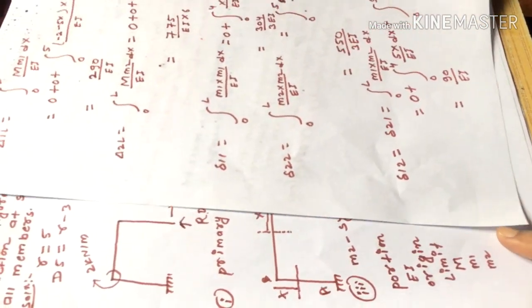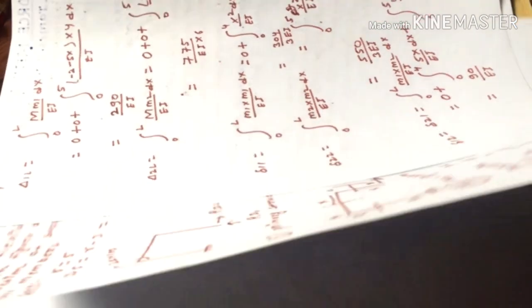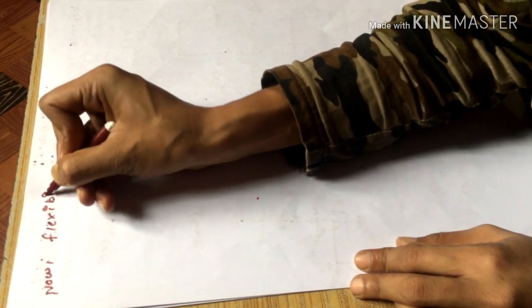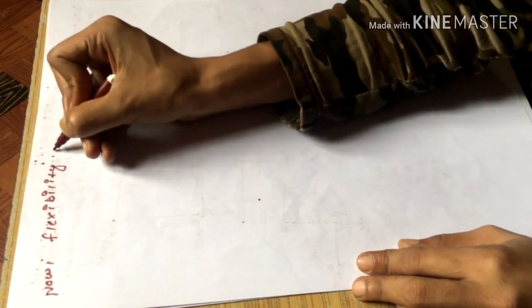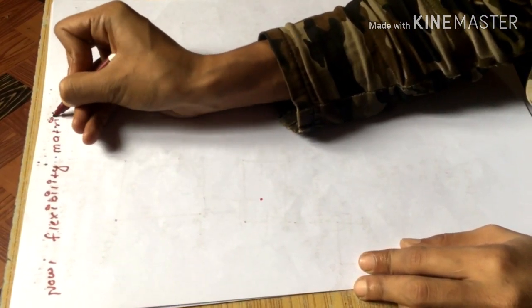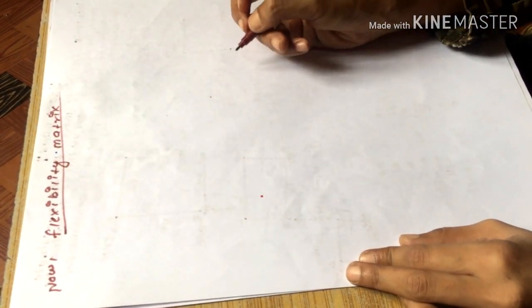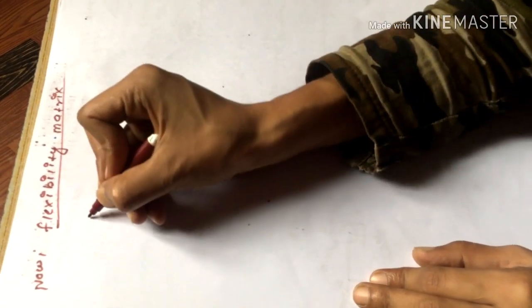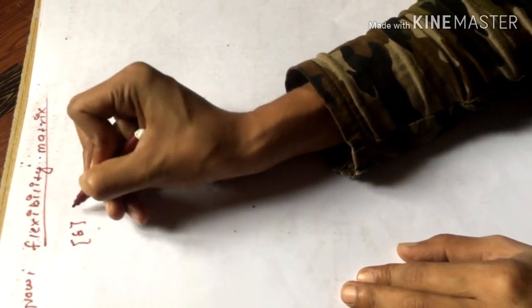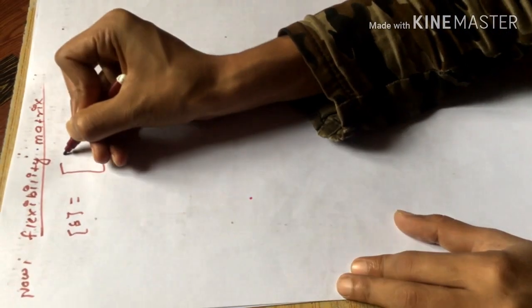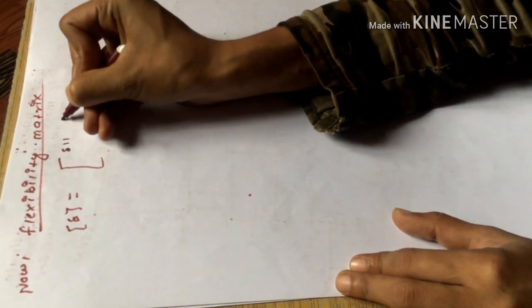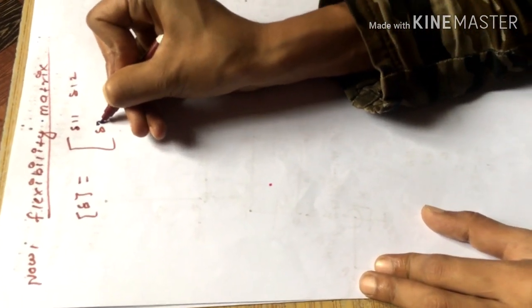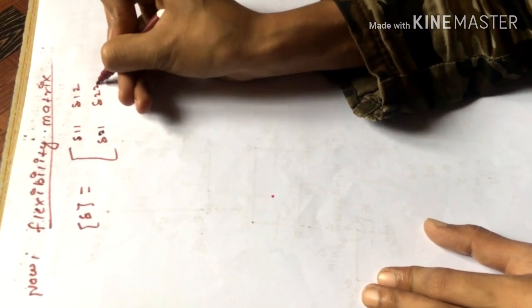Now next, we have to generate the flexibility matrix. At first we generate the deflection due to unit forces. This is Δ11, Δ12, Δ21 and Δ22.